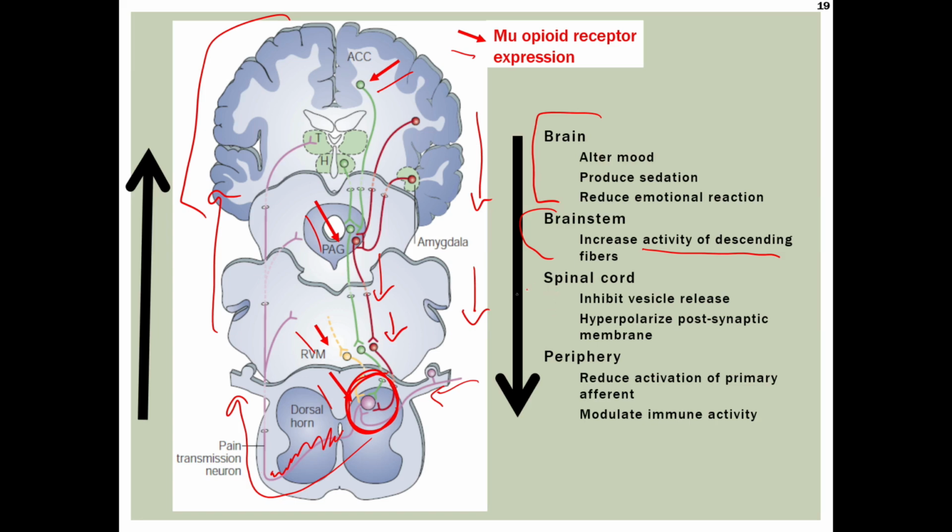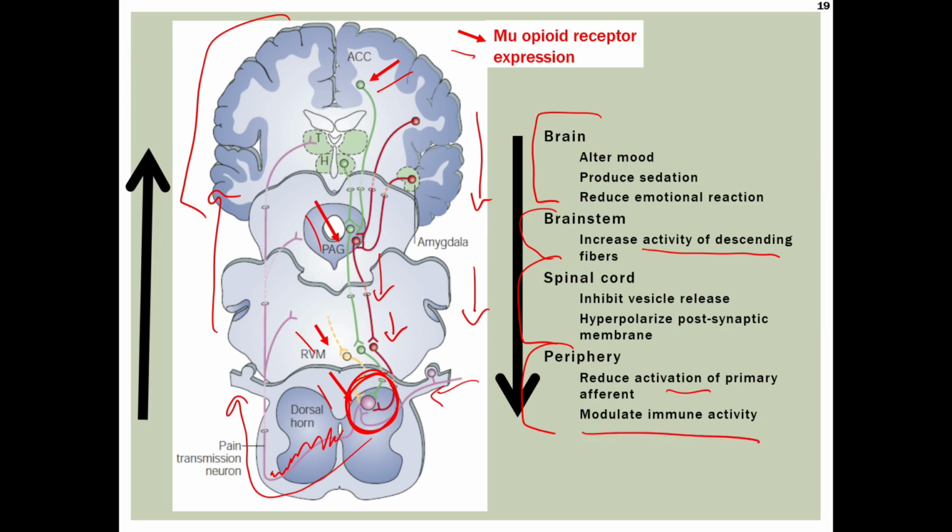In the spinal cord itself, we can see some activity around vesicle release of neurotransmitters. We can see hyperpolarization of postsynaptic membranes. And then ultimately, a reduction in activation of that primary afferent and to some level modulation of immune activity.